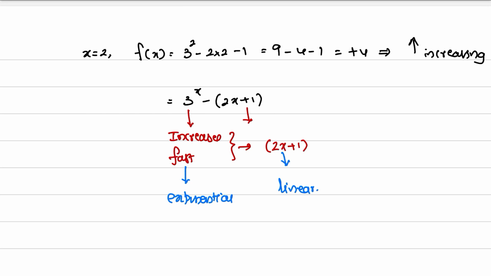Hence, f(x) can never be 0 beyond x is equal to 1.